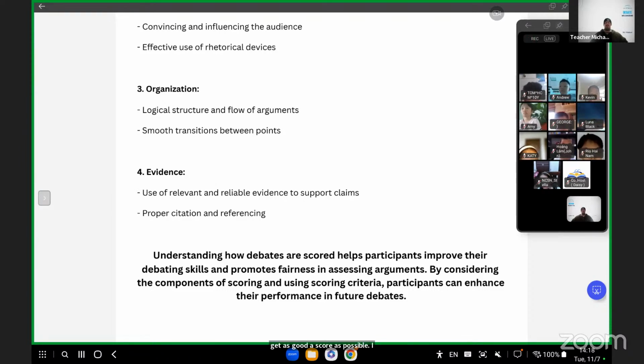By considering the components of scoring and using this scoring guide, participants can enhance their performance in future debates. So again, by knowing what the judges are looking for, we can do all of those things and get scored better.